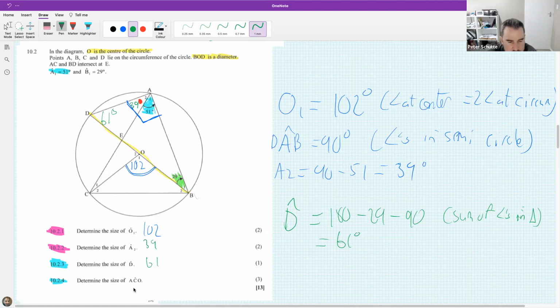Okay, ACO, and it's 3 marks. Now, where is ACO? ACO is down here. Let's get rid of that red dot. So we want to find C1, essentially. ACO is the same as C1. There's a couple of ways we could do it. I'm going to give you some time because it's 3 marks, so it must require some thinking.